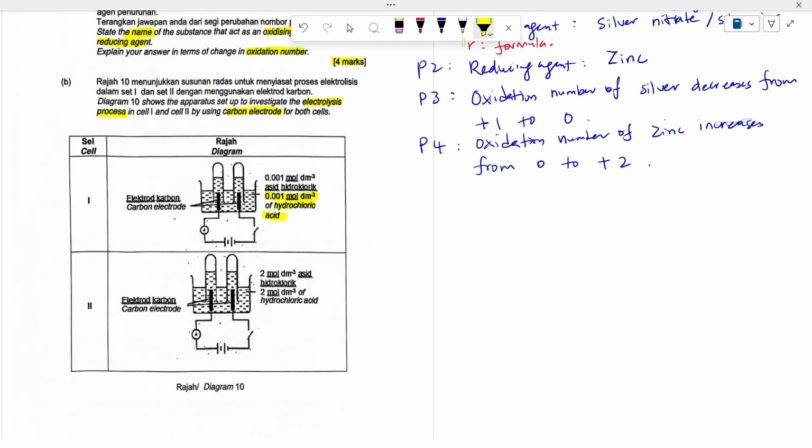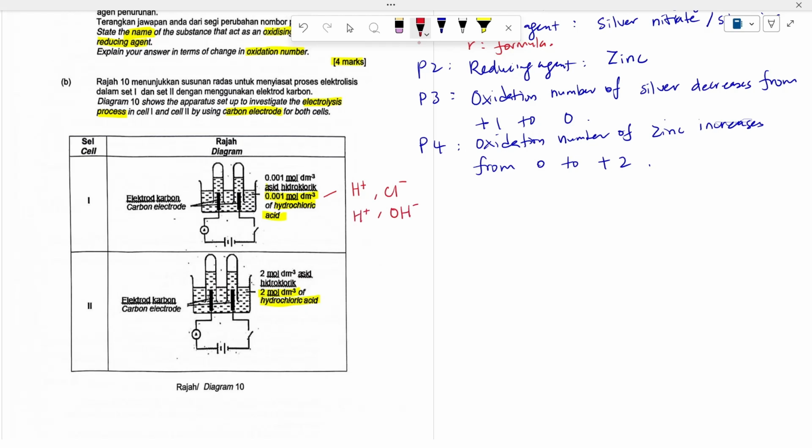Also for cell 2, the hydrochloric acid used is concentrated, 2 mole per cubic decimeter. Okay, so we roughly go through these 2 experiments. First we list out all the ions. Hydrochloric acid, we have hydrogen ions and chloride ions. Water, hydrogen and hydroxide.